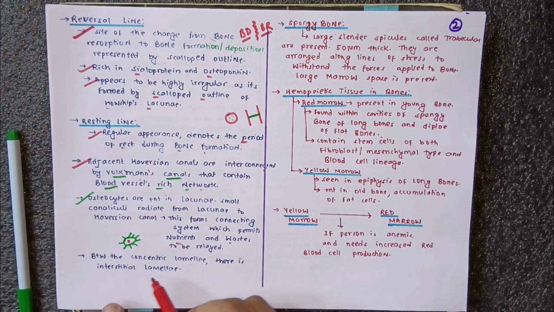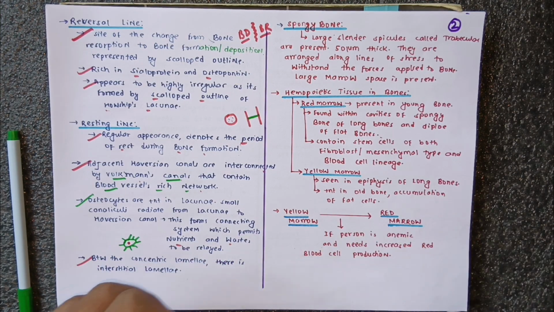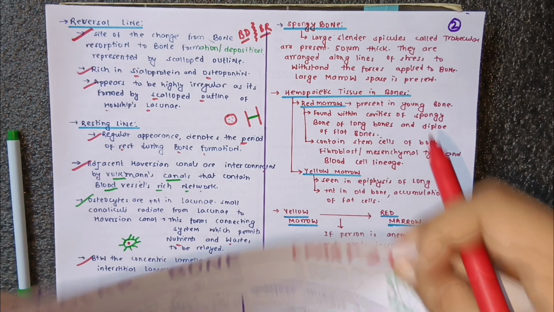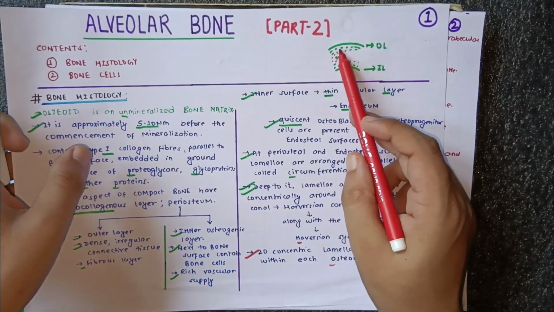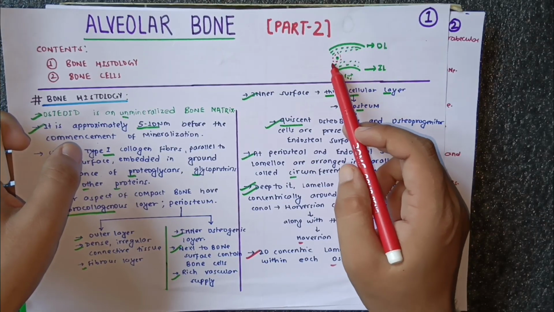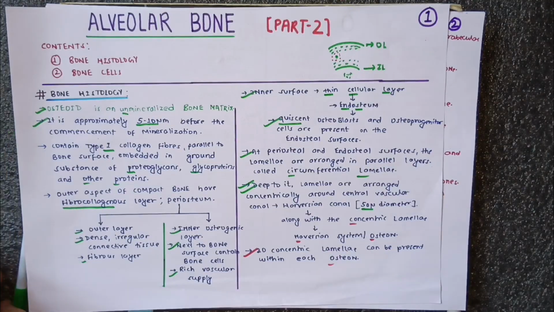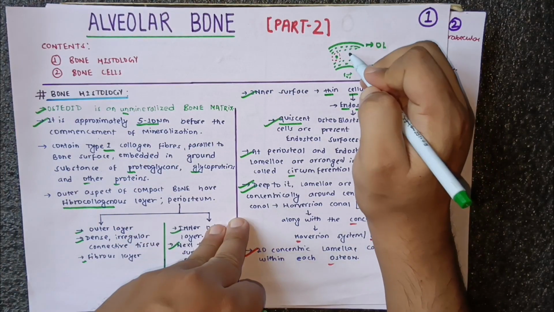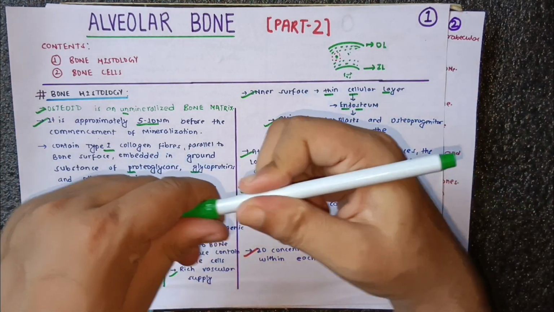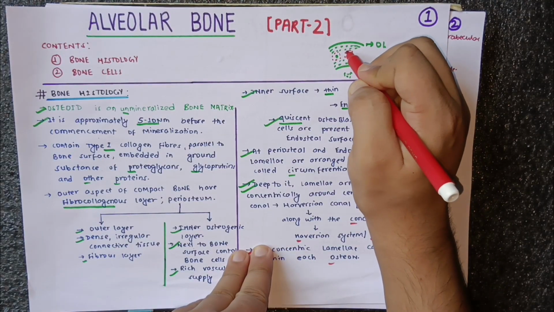Between the concentric lamellae there is an interstitial lamellae. In this schematic diagram, we can see the concentric lamellae, the periosteal end and the interstitial end. We can see the osteon there, and just think this is another osteon.